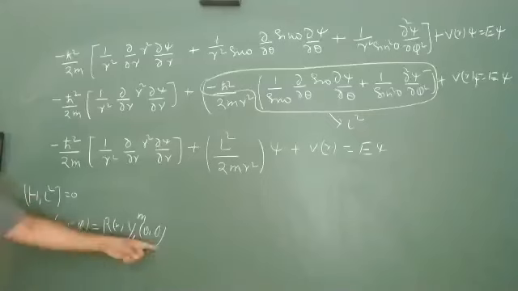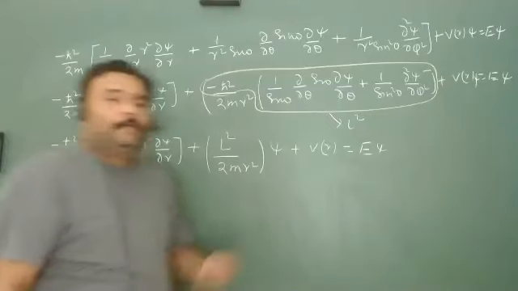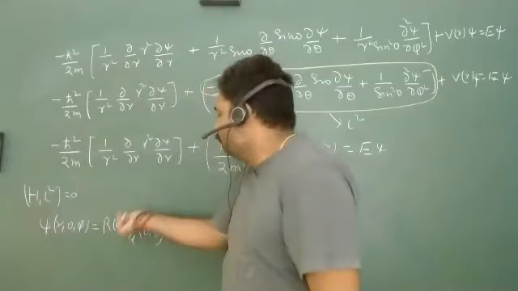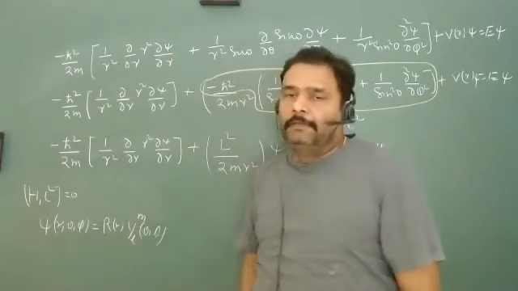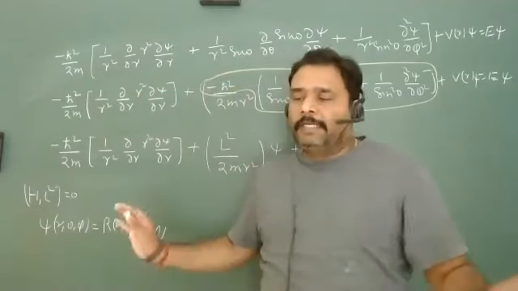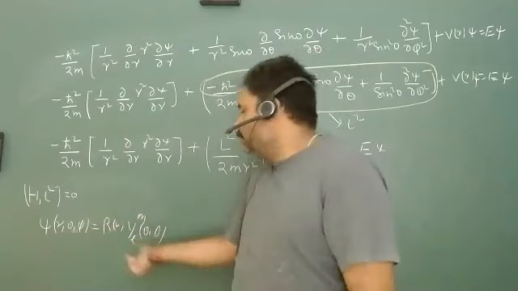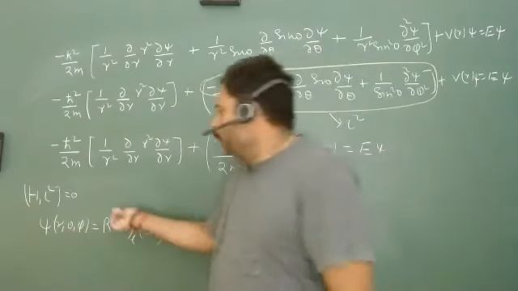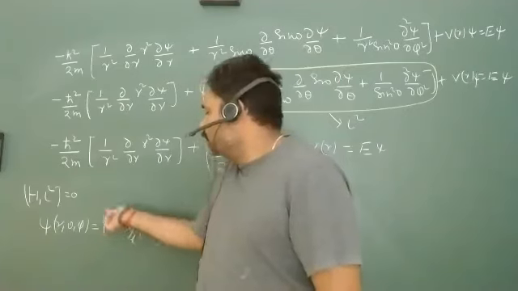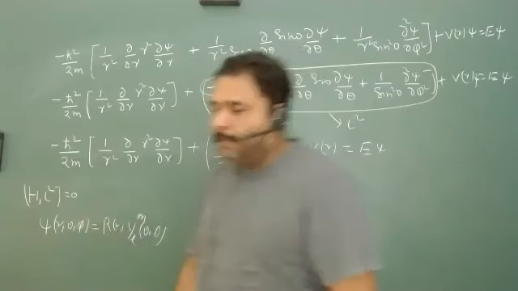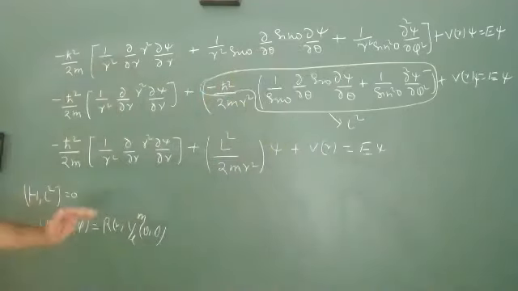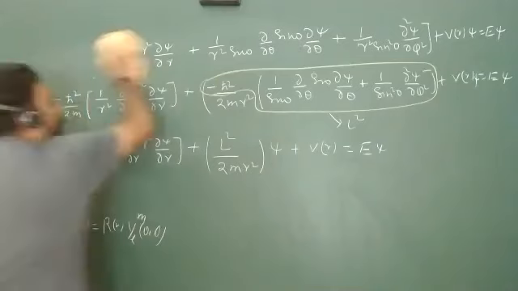In any central force problem, Y_lm will automatically be the eigenfunction, because angular momentum is conserved. What I am concerned about is this radial part. So let's put this R(r) Y_lm into this equation and see what is going to happen.